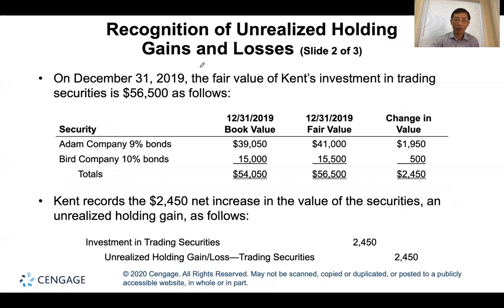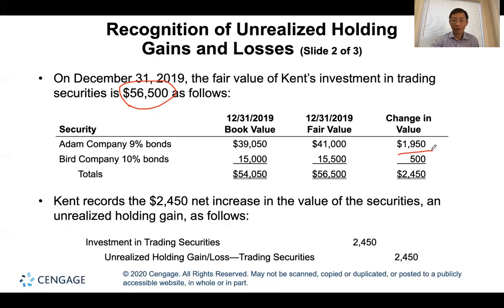See the example. Say on December 31st, the trading security is 56,500, and the detail is for the 9% bond, the value increased $1,950.